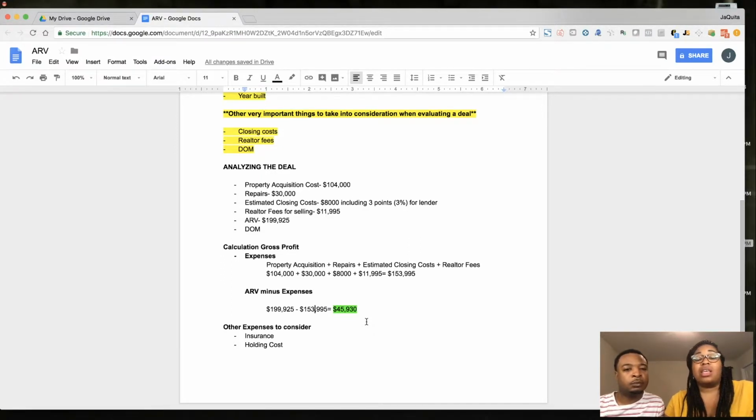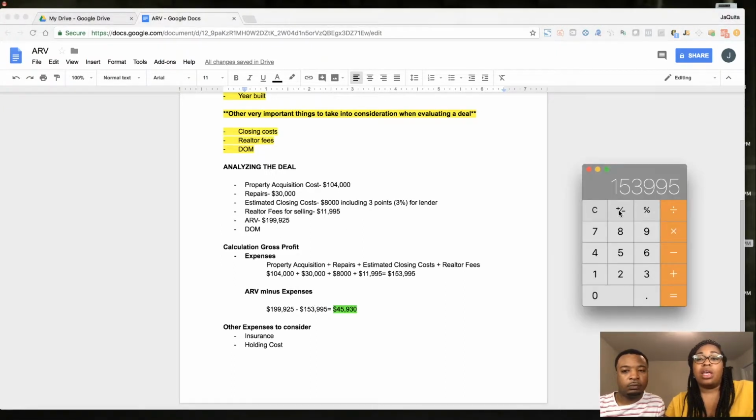And actually, that's the ideal deal you want to do, because when you look at this ARV of 199,925, 70% of that is $139,947. That is actually under the 104 plus the $30,000 in repairs.